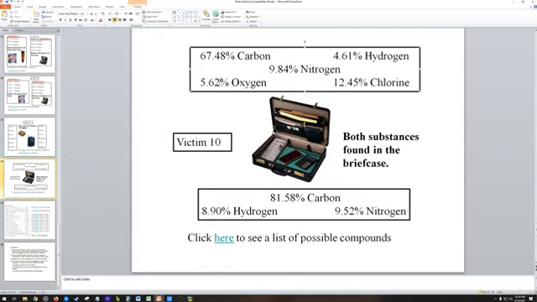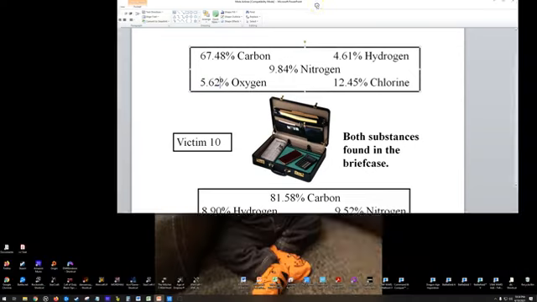This is going to be compound 18 and 19. Ooh, it's a lot of compounds. So let's move this over.